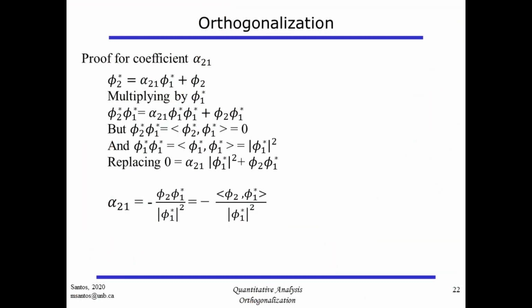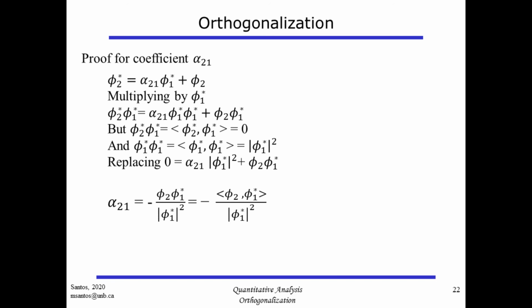The first one, we know that phi star 1 equals phi 1. So for the second one, this is the result of the Gram-Schmidt generalization. And if we multiply both sides by phi star 1, we obtain this equation. But we know that the inner product of these vectors, for them to be orthogonal, has to be equal to 0.